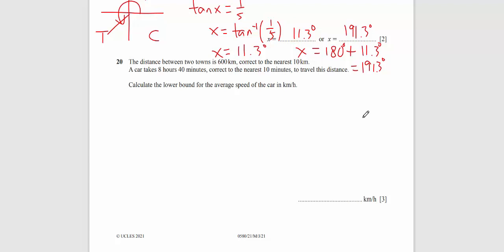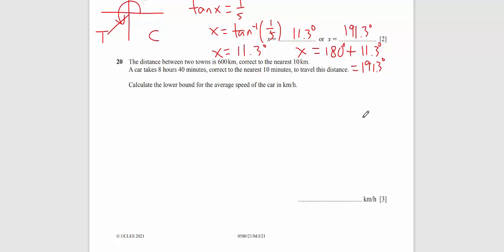And then for number 20, the distance between the two towns is 600 km, correct to the nearest 10 km. A car takes 8 hours 40 minutes, correct to the nearest 10 minutes, to travel this distance. Calculate the lower bound of the average speed of the car in km per hour.